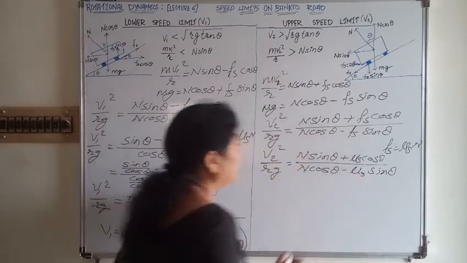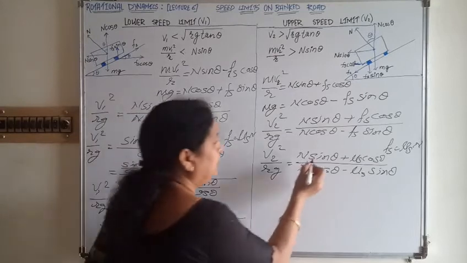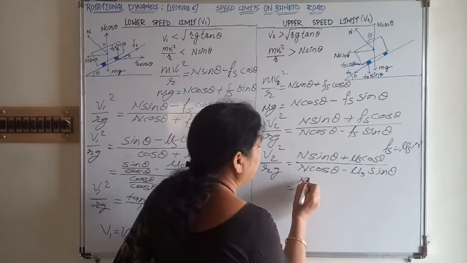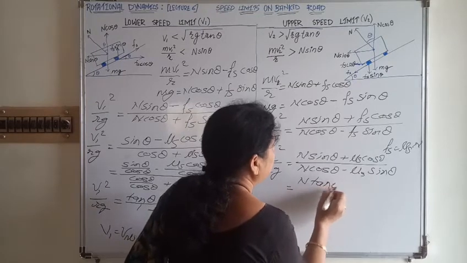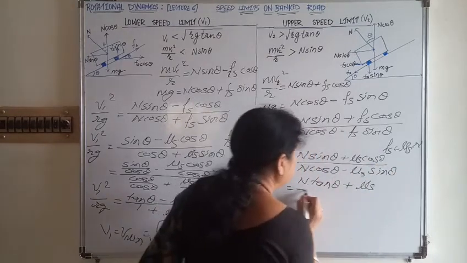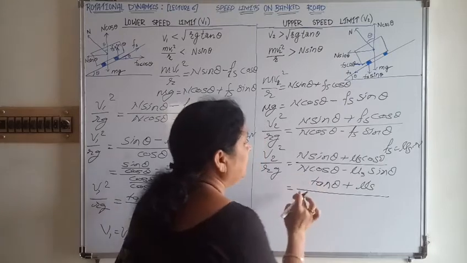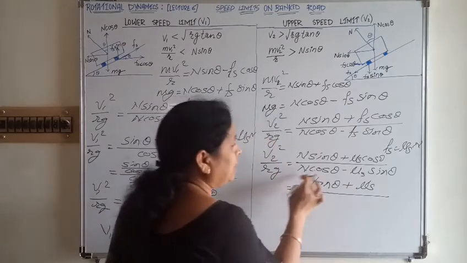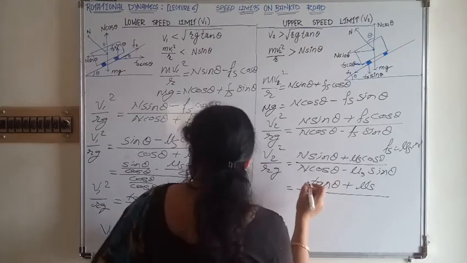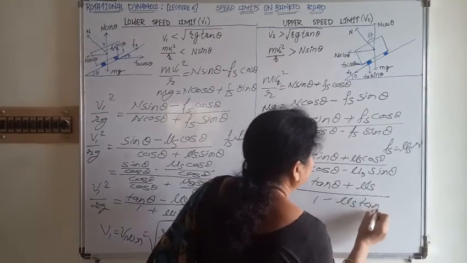Now again I divide both the numerator and denominator by cos theta. When I divide, sin theta upon cos theta gives tan theta, plus mu s, and cos theta upon cos theta cancels. In the denominator, cos theta upon cos theta is equal to 1 minus mu s into tan theta.